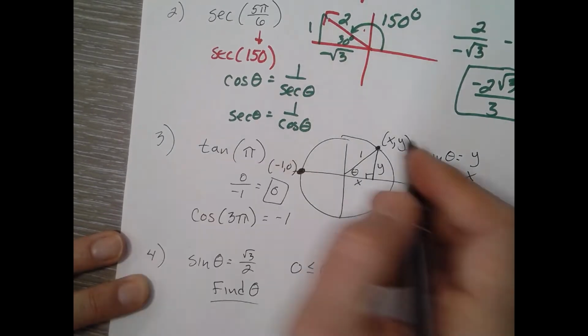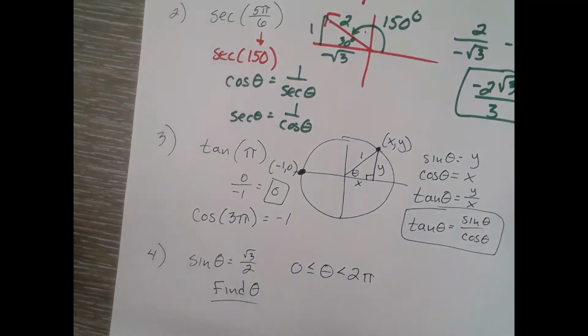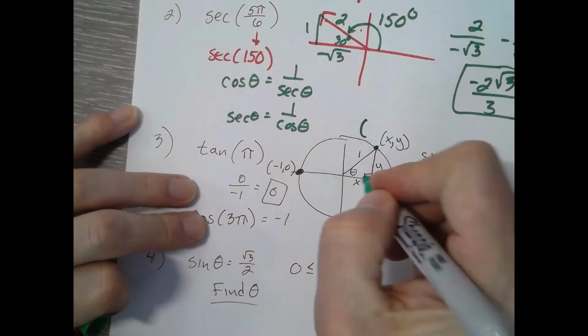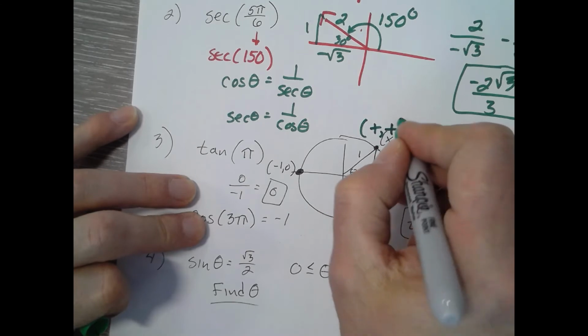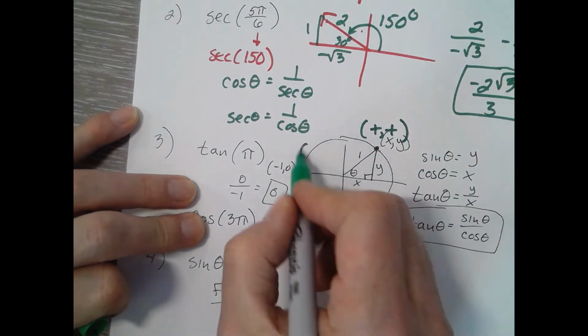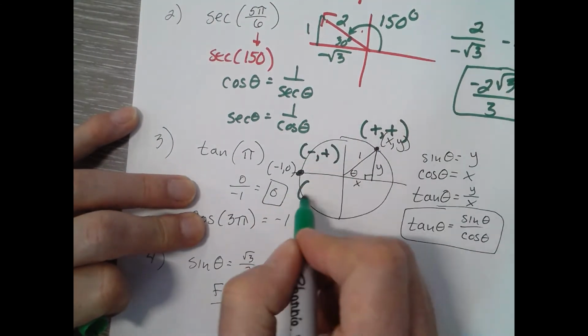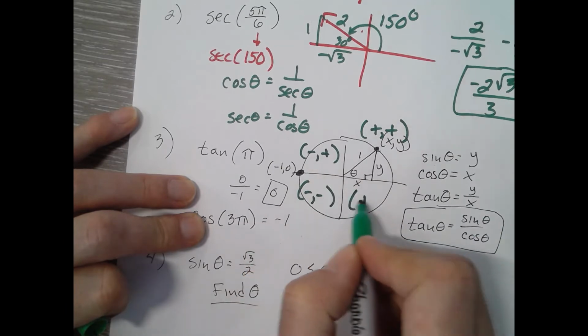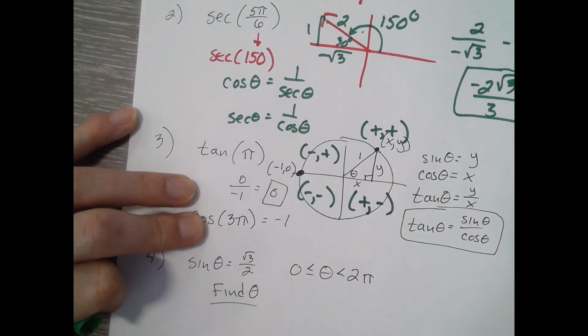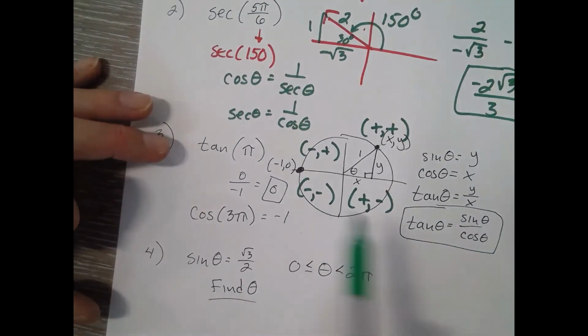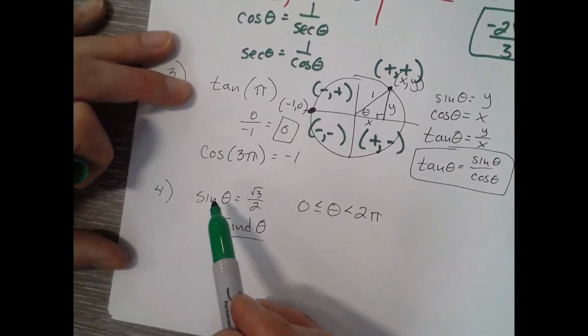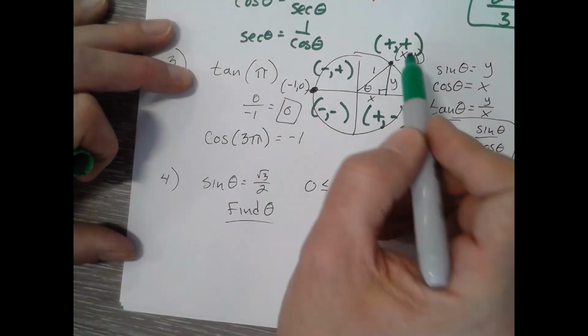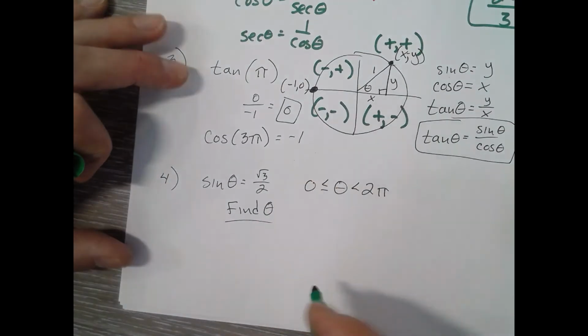Any ordered pair up here is going to be positive, comma, positive. Over here, it's going to be negative, comma, positive, a negative, comma, negative, and a positive, comma, negative. So where is the sine positive? The y value is positive right here and right here, in the top 2 quadrants.